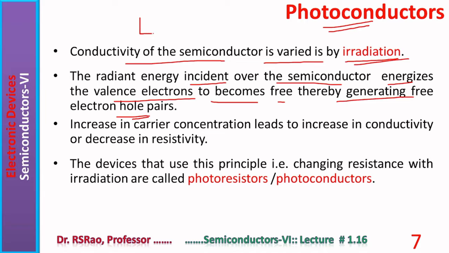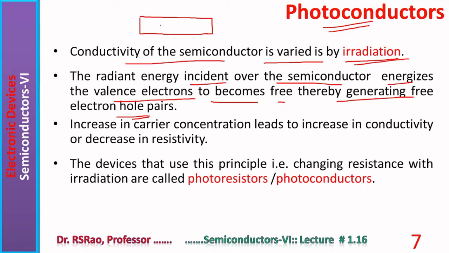Notice the basic requirement to generate an electron hole pair is supply of energy to the electron that is in the covalent bond. This supply can be in any form.